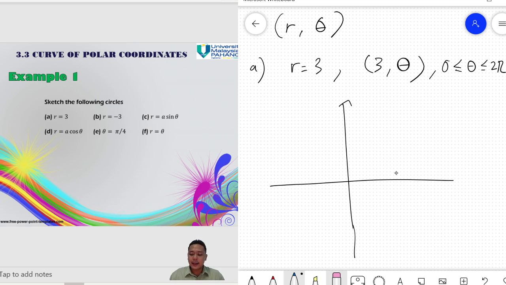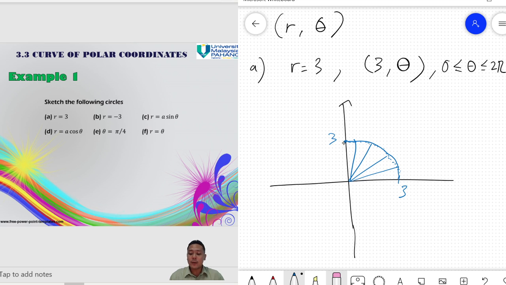So if we try to put 3 here, and this point, the distance between the point with the origin is 3 again. So up until pi over 2 is here, 3. This is a curve from x equals to 3 until y equals to 3.